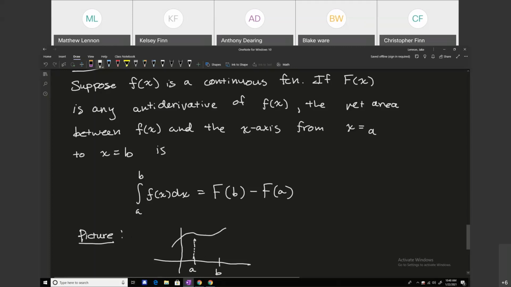So basically the shaded area is computed as above. Okay, it's not as difficult as you might think. So let's start with a very, very basic example.